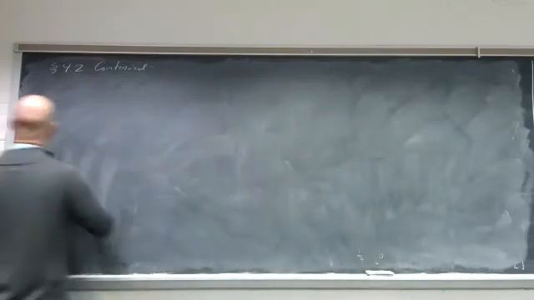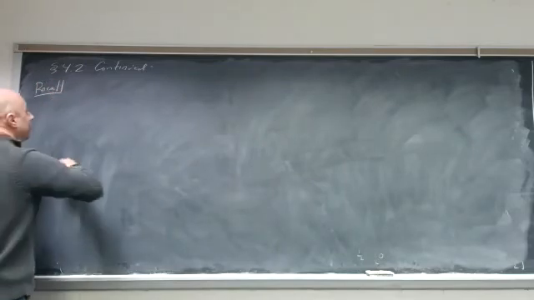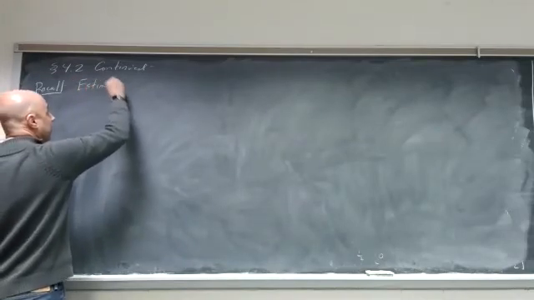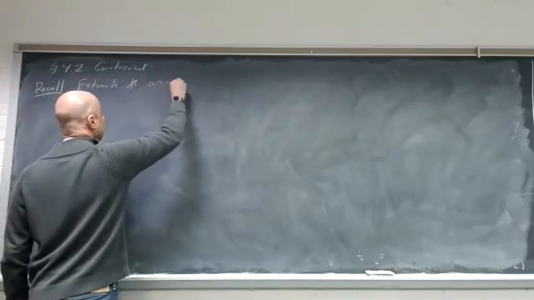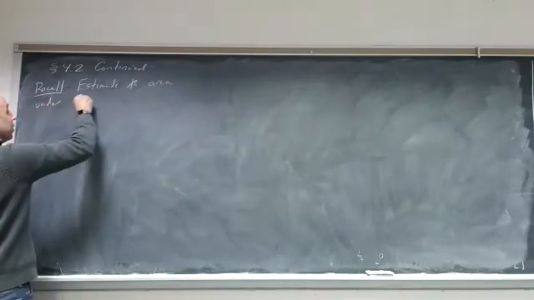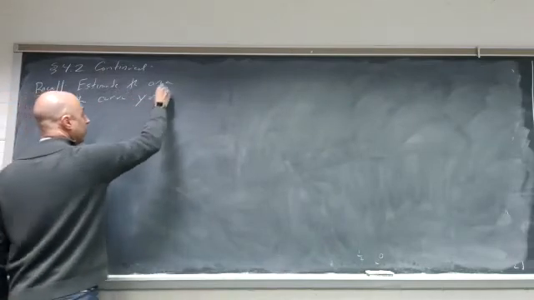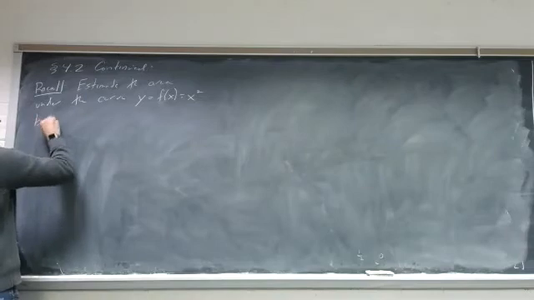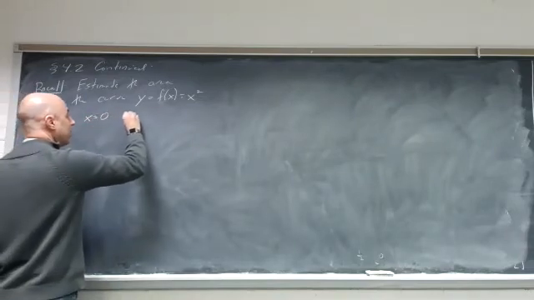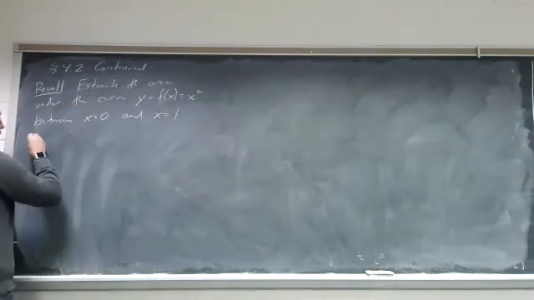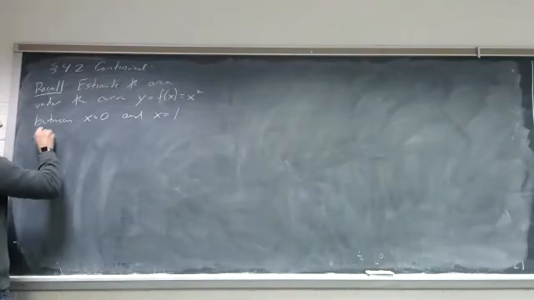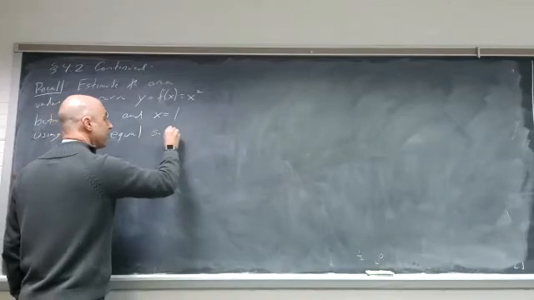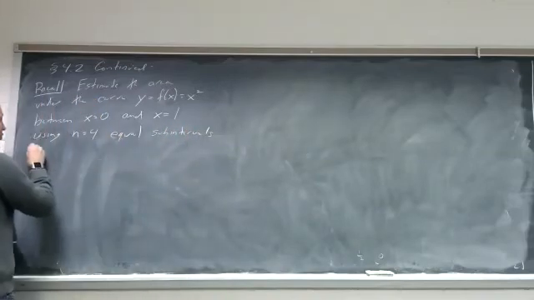So remember what we did last time. We did several things, but one of the things we did is we estimated the area under the curve y equals x squared between x equals 0 and x equals 1, using n equals 4 equal subintervals and doing a right-hand sum.